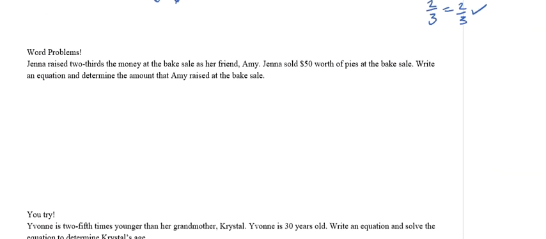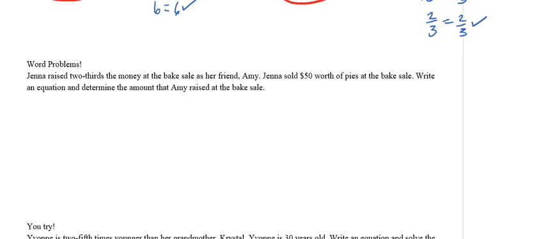Let's go on to some word problem action here. Jenna raised 2/3 the money at the bake sale as her friend Amy. Jenna sold $50 worth of pies at the bake sale. Write an equation and determine the amount that Amy raised at the bake sale. What we do know is that Jenna raised 50. What we don't know is how much Amy raised.